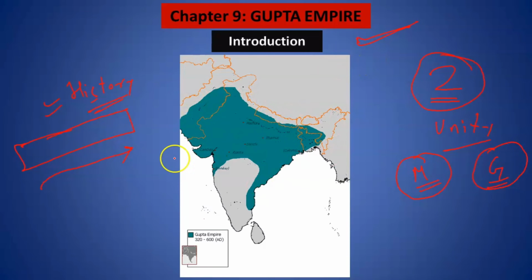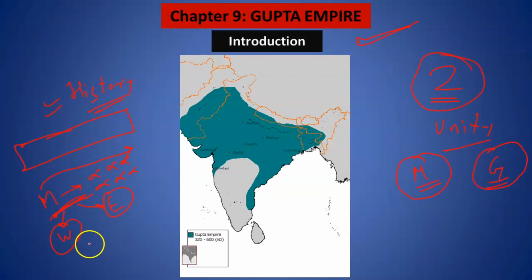You can see the vast empire made by the Gupta. Now let us go back to the past. We studied about the Mauryans. We know that from the Ashoka time, he embraced Buddhism and then he was not much focused on his army. And his successors, who were ruling on the eastern and the western side, were also not very efficient.